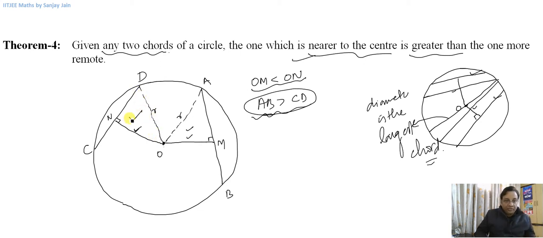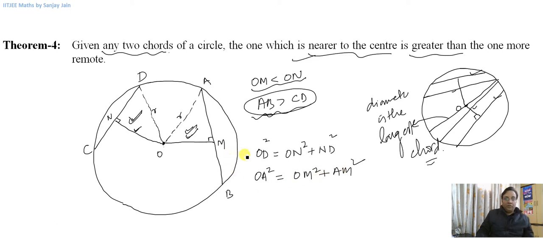So in this triangle, OD squared will be equal to ON squared plus ND squared, and in this triangle OA squared will be equal to OM squared plus AM squared, and OD and OA are equal because these are radii of the same circle. So these two equations are equal.